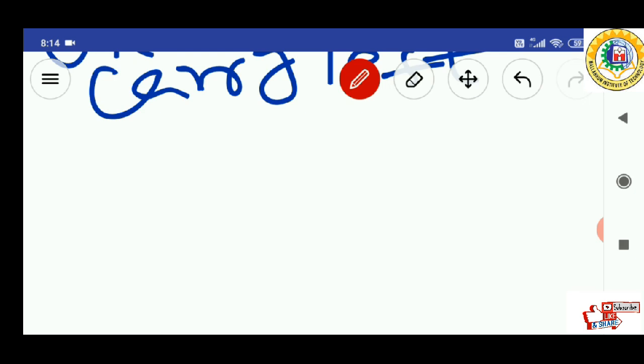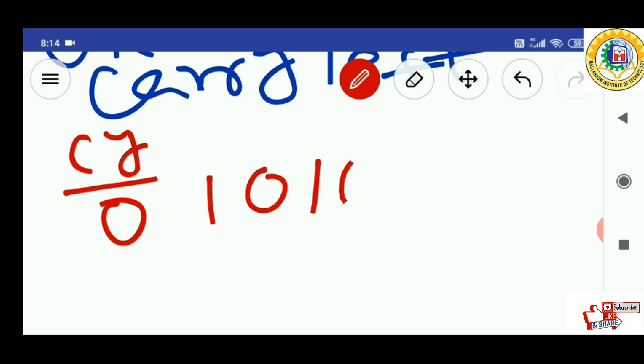In addition to the data, we have also considered the carry flag. The carry flag is also affected, so the total size of the data is actually 9 bits. Suppose the carry flag is 0, and the original data is 1 0 1 0 1 1 1 0. So this is your original data and this is your carry.